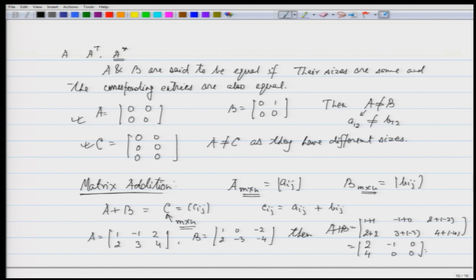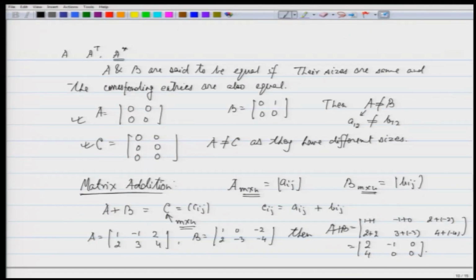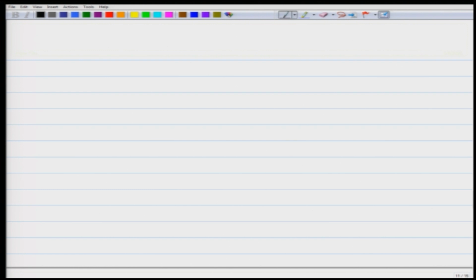So, this is what matrix addition is, that you are supposed to do component wise addition: a_11 is to be added to b_11, a_12 is to be added to b_12, and so on till a_mn is going to be added to b_mn. Important thing, they need to have the same size. Then we have the notion of what is called scalar multiplication.